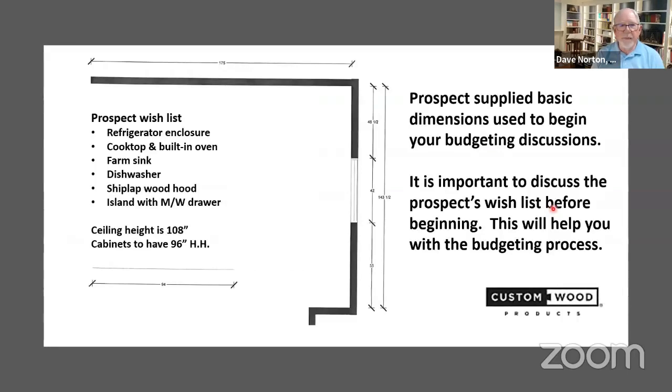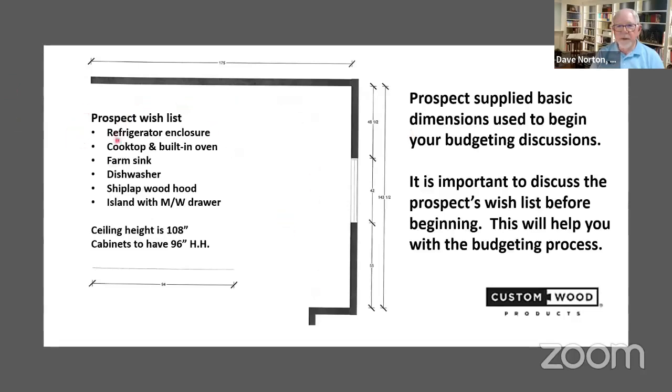So the first step is you've invited the client into the showroom. You've asked them to bring along basic designs. And I can tell you, you're not often going to get a computer-aided drawing like this one, but this is the basic layout of the space.